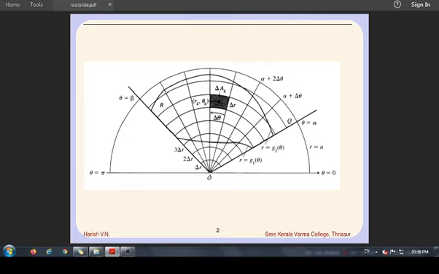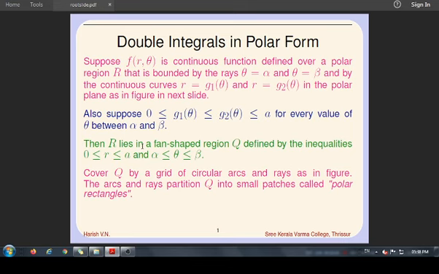So R lies in this fan-shaped region determined by 0 less than or equal to r less than or equal to a, and alpha less than or equal to theta less than or equal to beta. Okay, we'll go to the previous slide.